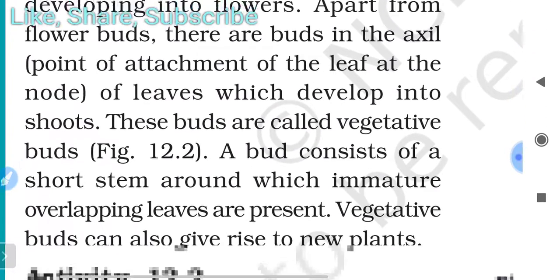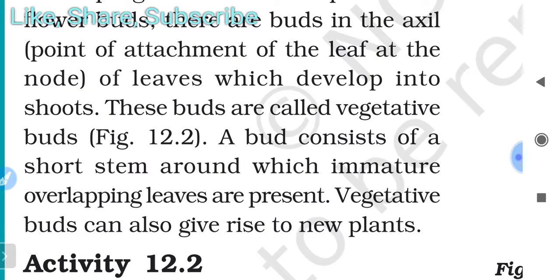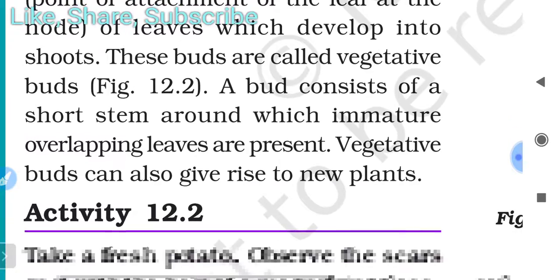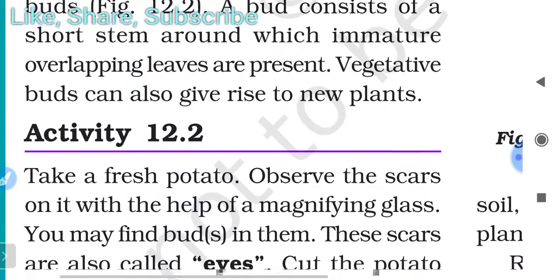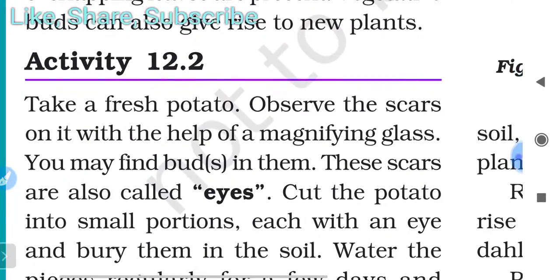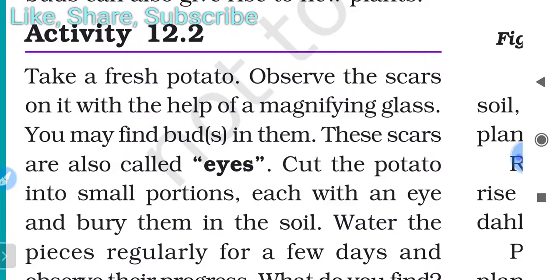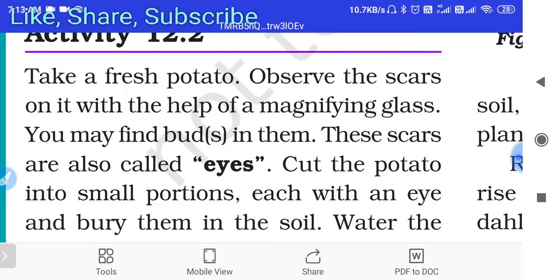These are called vegetative buds. A bud consists of a short stem around which mature overlapping leaves are present. Vegetative buds can also give rise to new plants. Now you all must understand very well from this activity how vegetative propagation takes place.